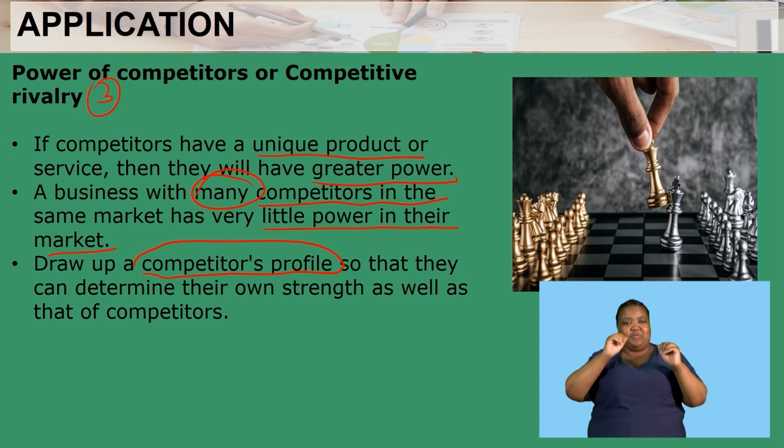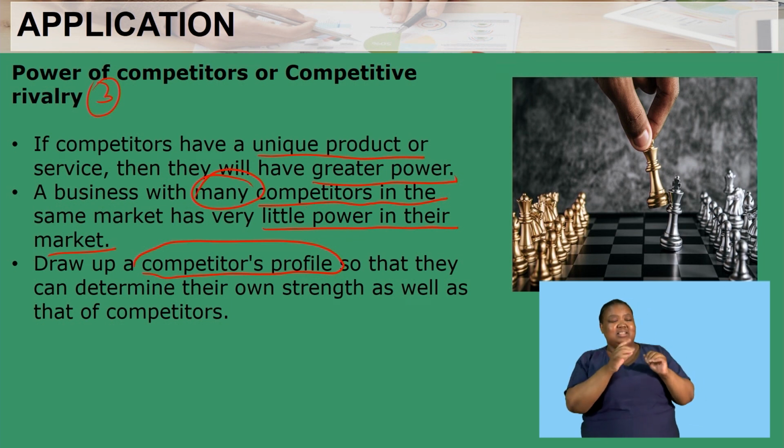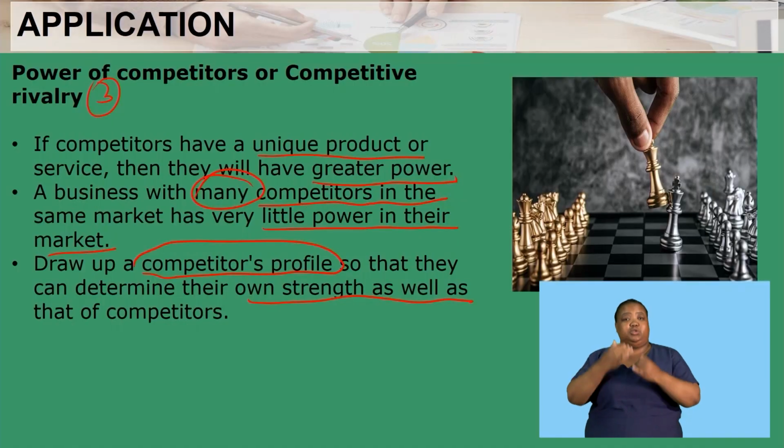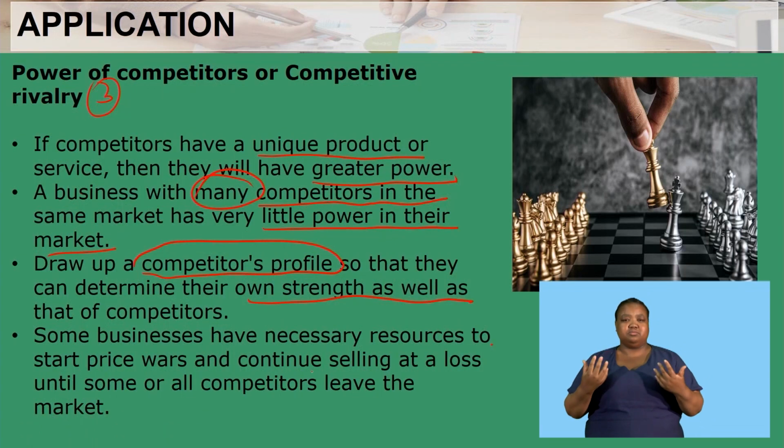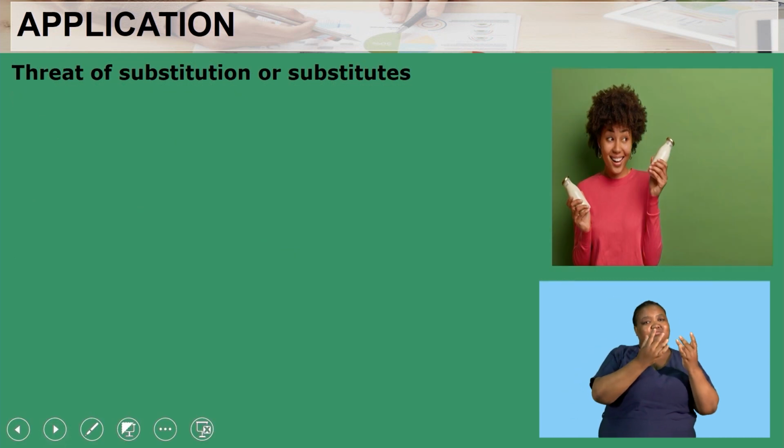You check what things your competitor is selling, how much they are selling them for, and all that, so that you can determine your own strength as well as that of competitors. So what is it that we as a business can do better than the competitor? But how do you know that? Through doing what? A competitor's profile. Right. Some businesses have the necessary resources to start price wars and continue selling at a loss until some competitors leave the market. Right.